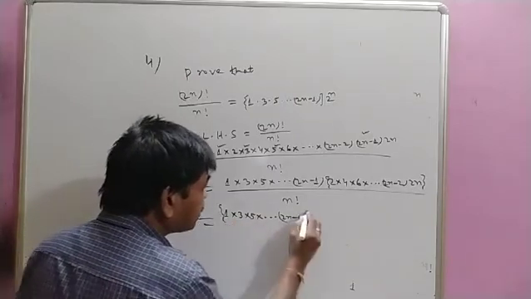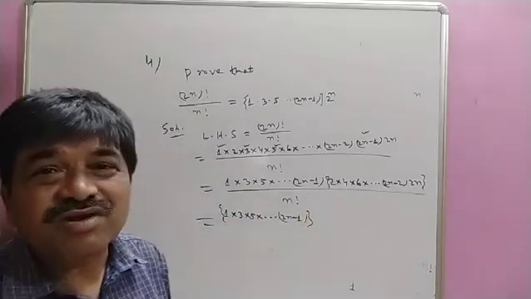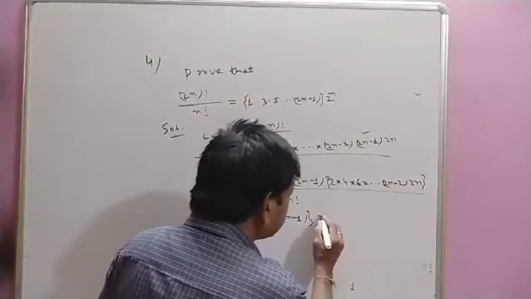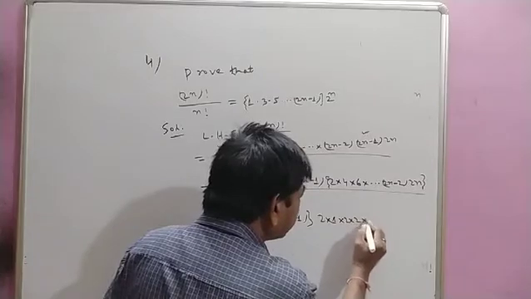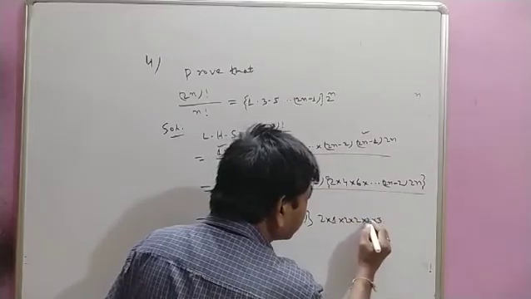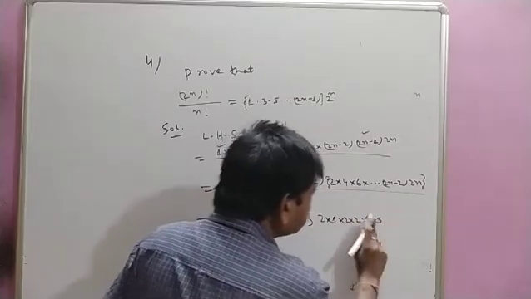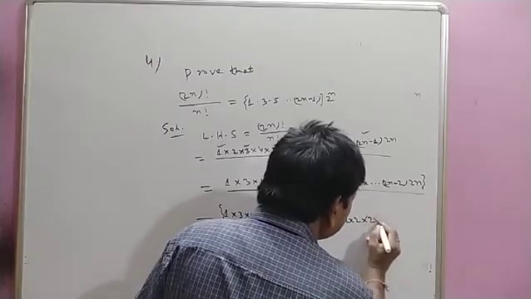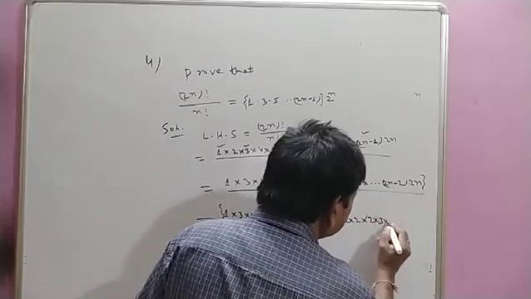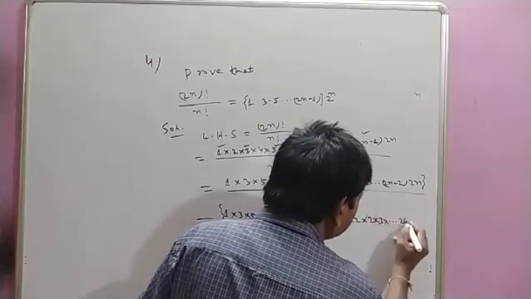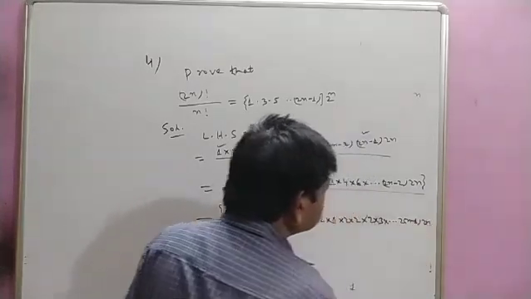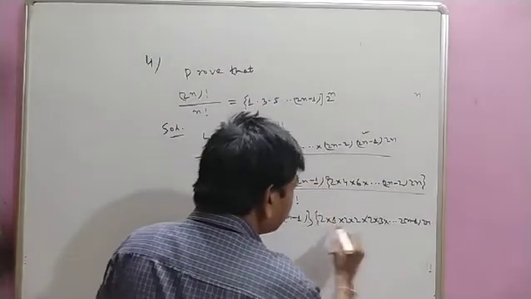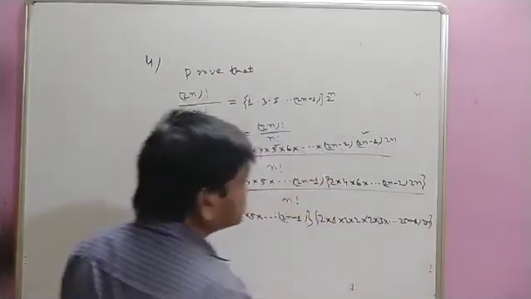And this 2 you can write 2 into 1, and this 4 you can write 2 into 2, and 6 you can write 2 into 3. Dot, this you can write 2 into n minus 1, and this is 2n. Clear? Then whole divided by n factorial.